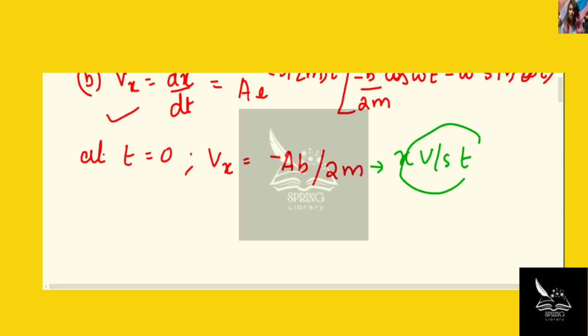Near t equal to 0, it slopes down. Okay, did you see the minus sign here? So the graph of x versus t near t equal to 0 slopes down. So this is our B part of the question.